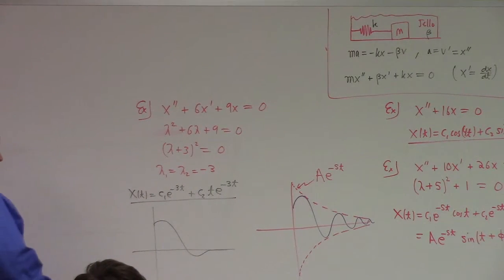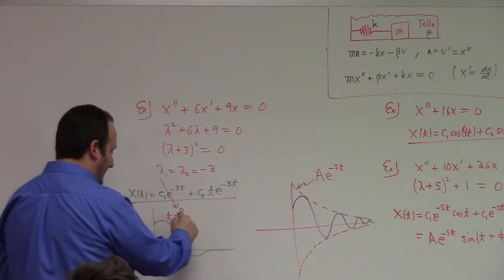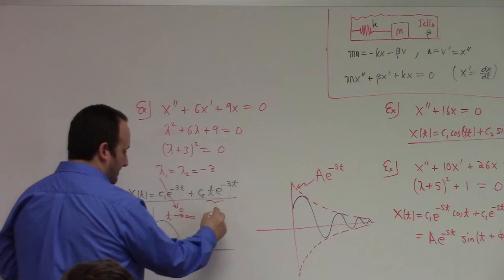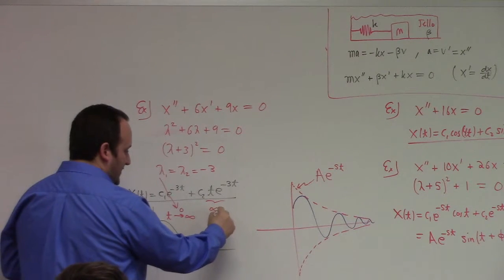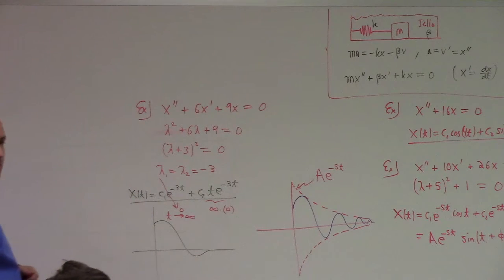You're like, well, wait, hold on a second. It's obvious to me that this goes to 0 as time goes to infinity, right? But how about this? This has form infinity times 0. That's an indeterminate form, right?